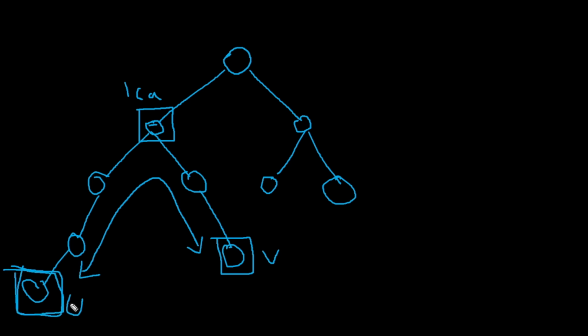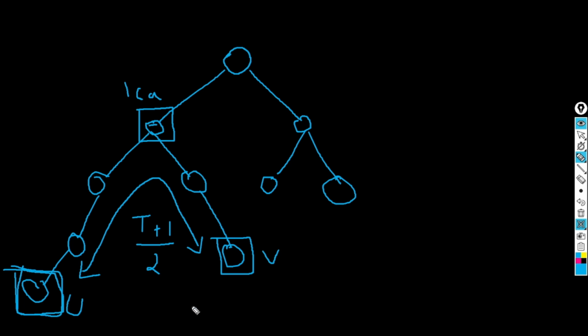U is what I am interested in, and not node v. Why? Because I'm looking for a node at distance total plus 1 by 2 far from u. Correct? That node should be at least this much distance far from u.